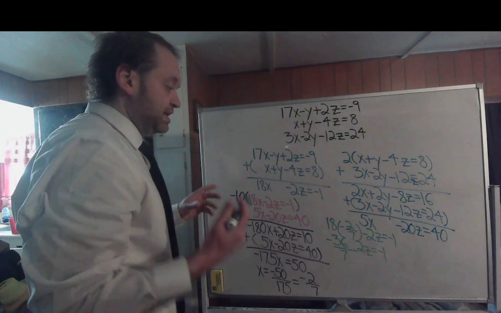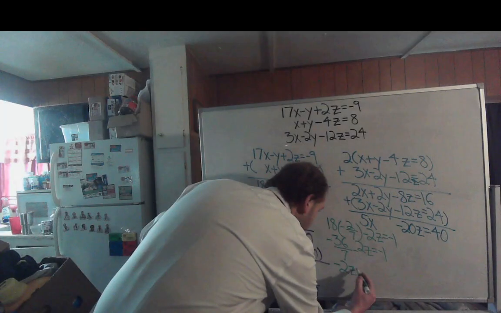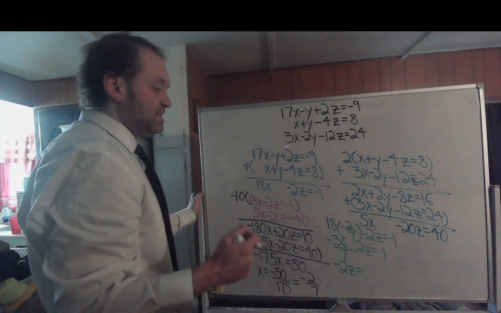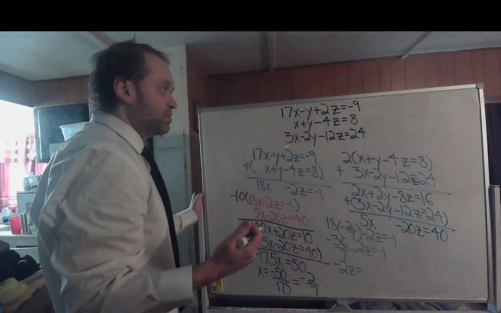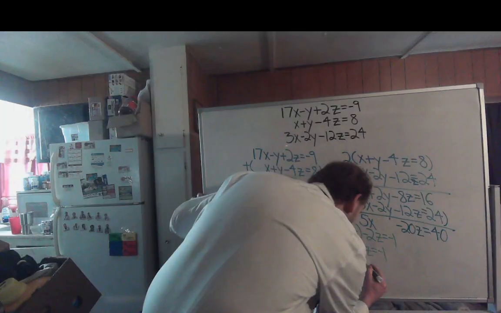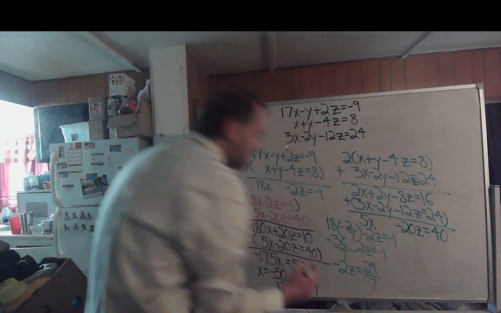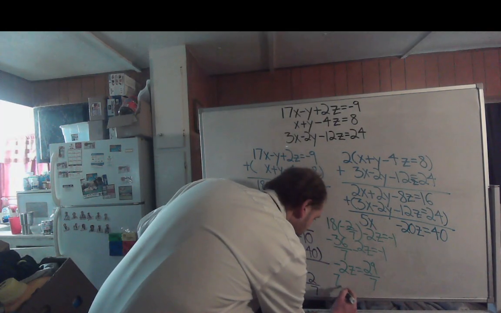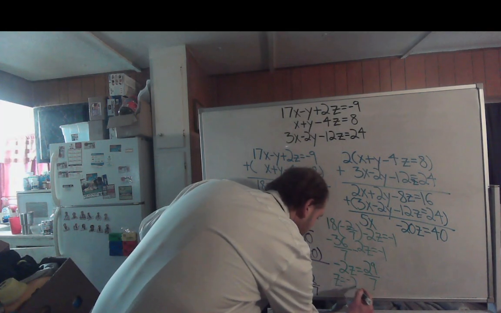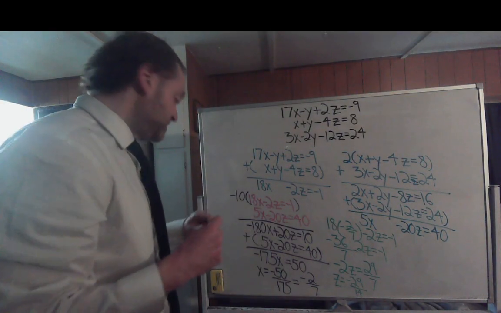Now I want to get that negative 2z by itself. Negative 2z would equal 36/7 minus 7/7, which is 29/7. So 2z equals 29/7, which means z would have to equal negative 29/14. So we found the value for z.